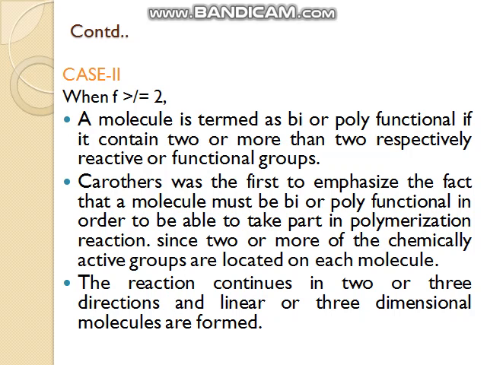The reaction continues in two or three directions, and linear or three-dimensional molecules are formed. If the functionality equals 2, we get a linear polymer, whereas if the functionality is greater than 2, we get a three-dimensional molecule.